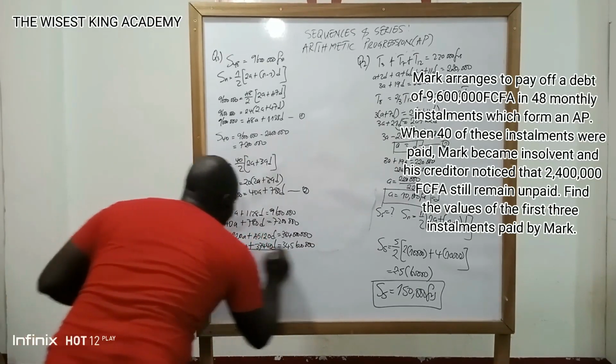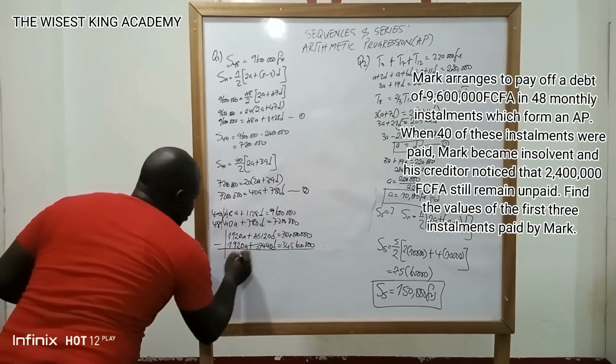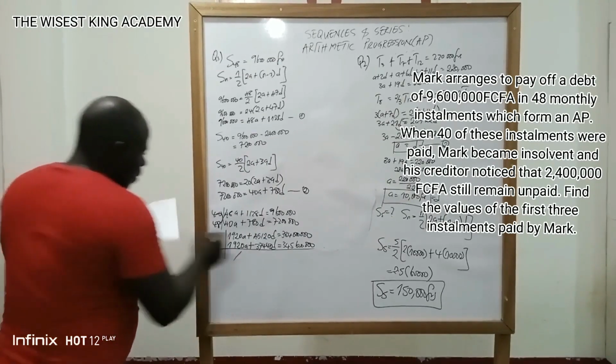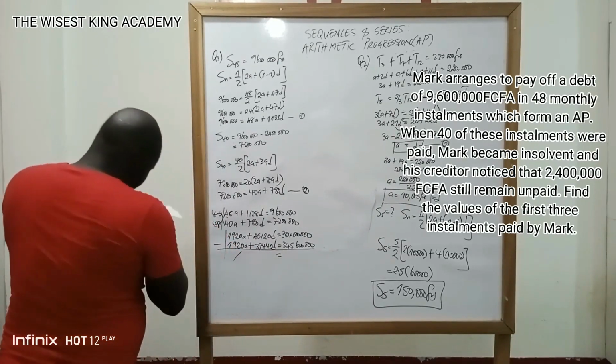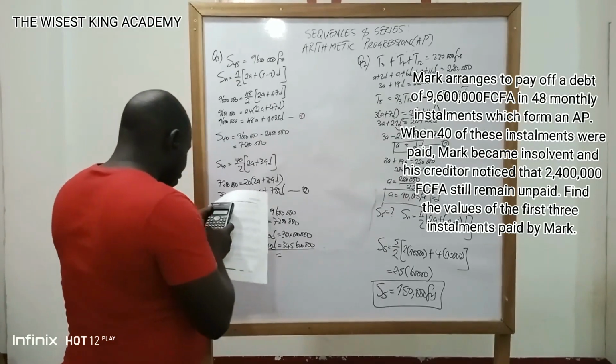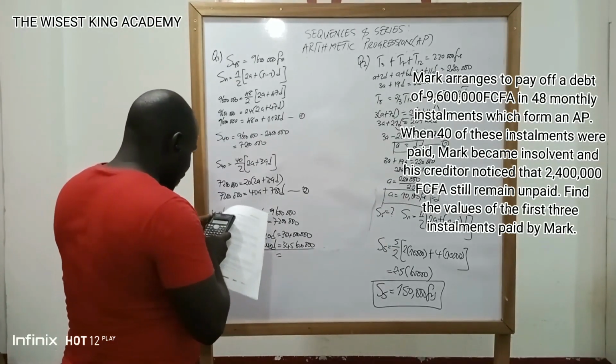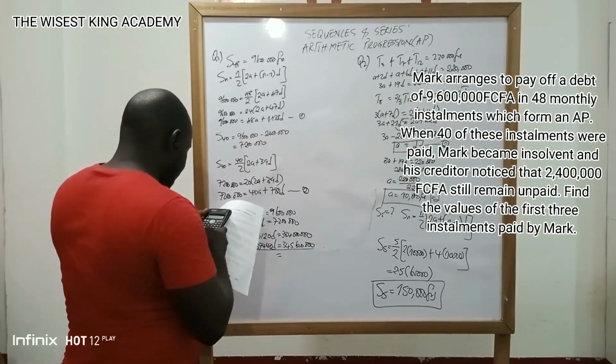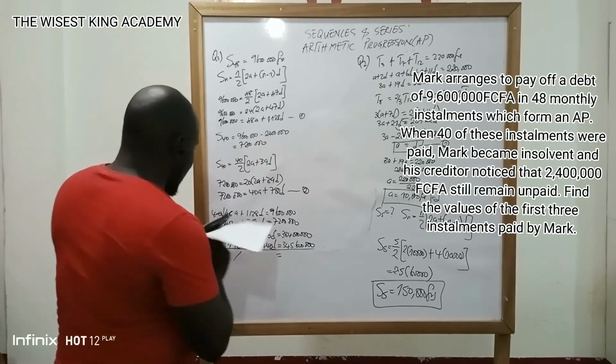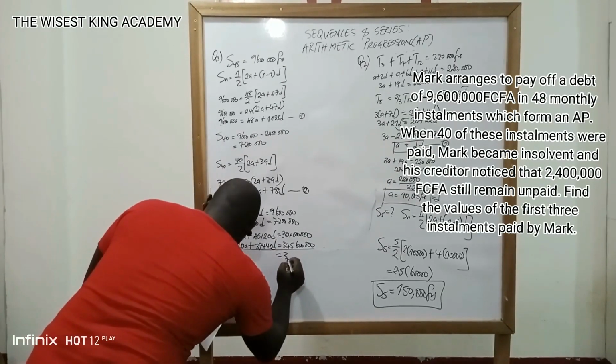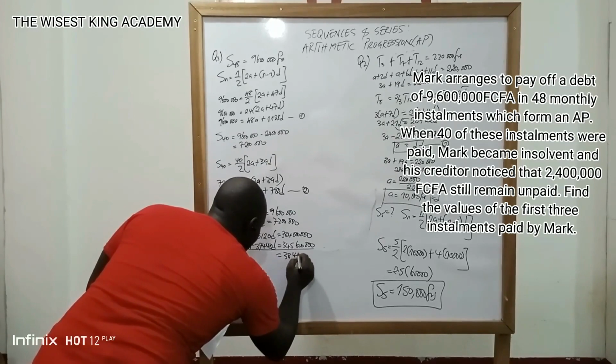So we can now subtract, because the a terms give 0. Let me do this one at once since I have it on my calculator. 384 million minus 345,600,000, I'm going to have 38,400,000.